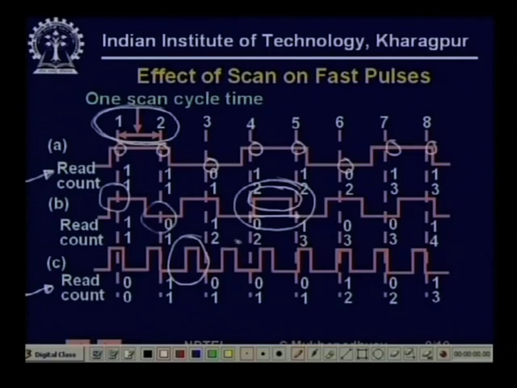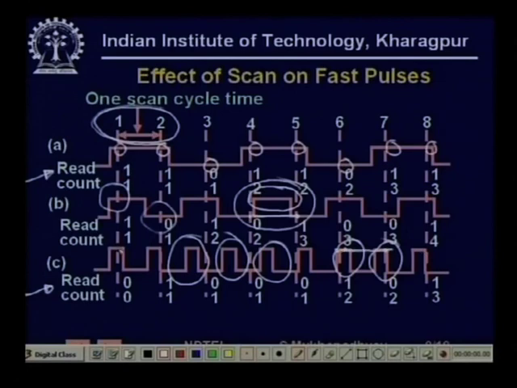For example, this one, this one, this one. So, there will be more of a chance that, for example, this pulse will be counted, this pulse will be counted. So, you will get drastic errors. For example, in this pulse, when it was sensed here it was 1, when it is sensed here it is also 1. So, therefore, it will be assumed that it continued at 1.